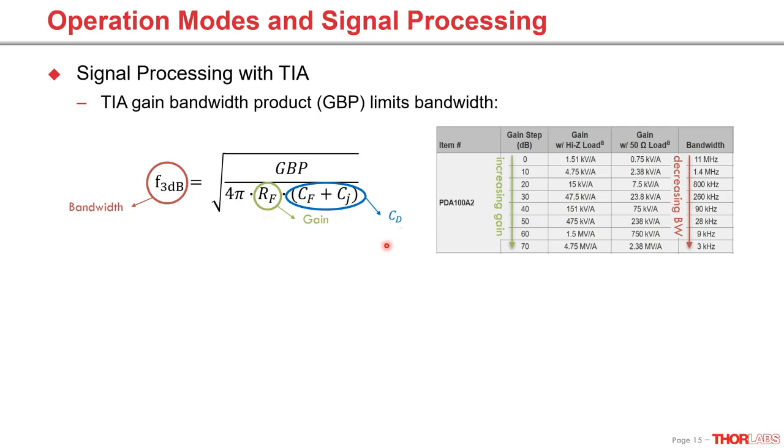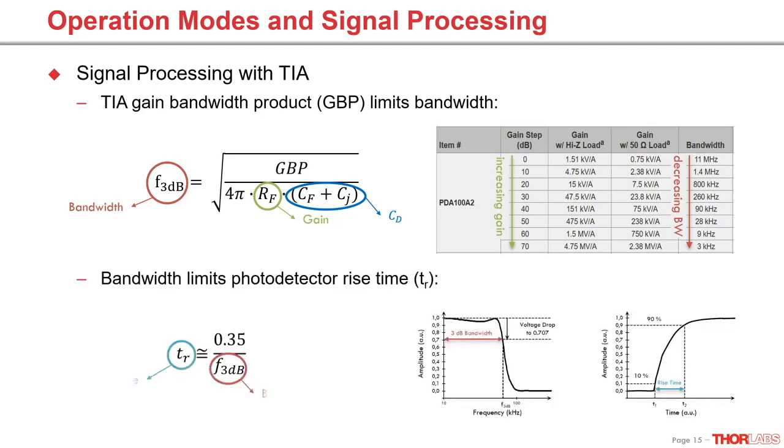CD is the sum of the junction capacitance and the feedback capacitance. So as an example, a gain of 10 means a 10 times lower bandwidth. Bandwidth and photodiode rise time are connected by a simple equation that allows a convenient way to estimate rise time when the bandwidth is known.